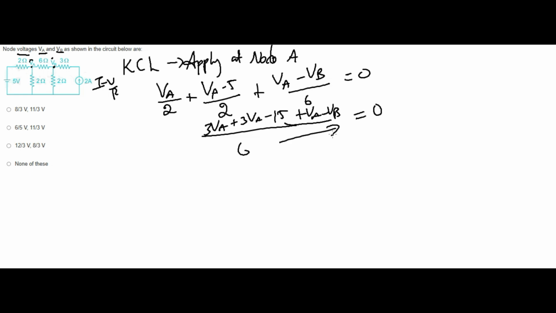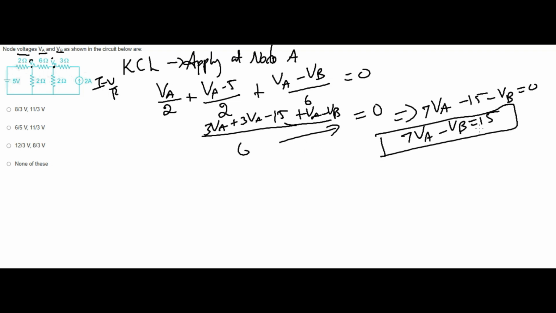Cross multiplying the 6, it is also 0. So 3VA plus 3VA plus VA is 7VA, which implies 7VA minus 15 minus VB equals 0. So we can write 7VA minus VB is equal to 15. That makes it equation number 1.